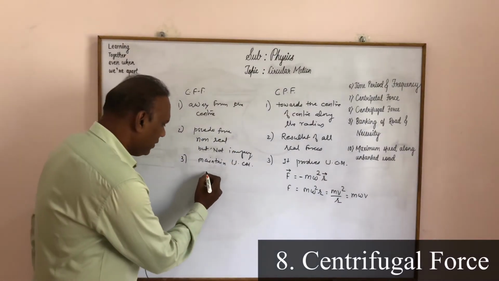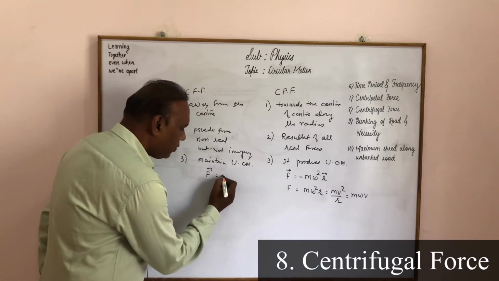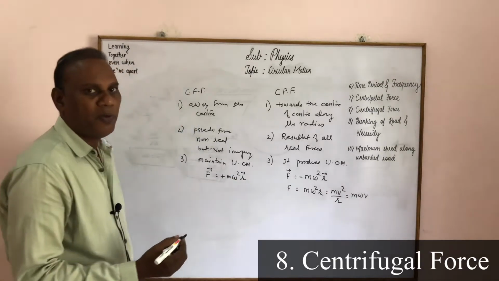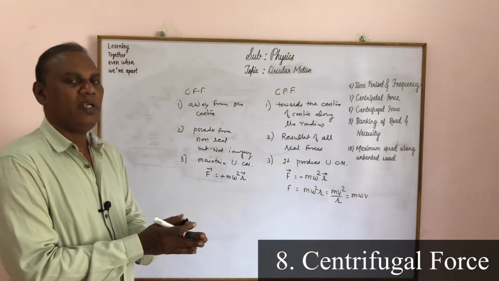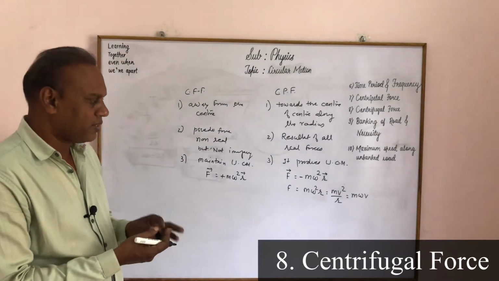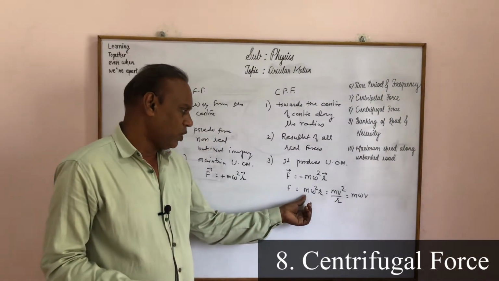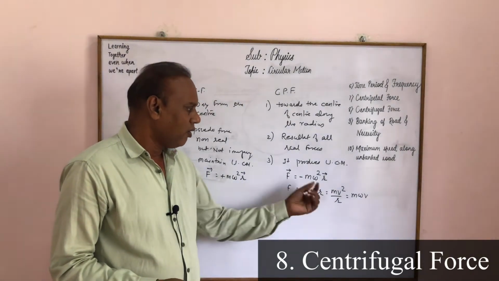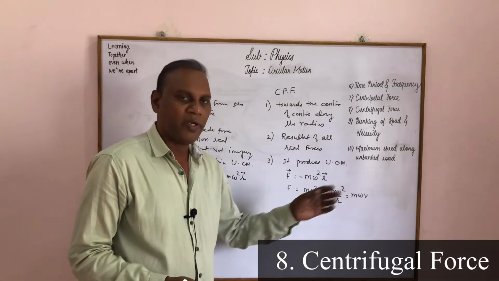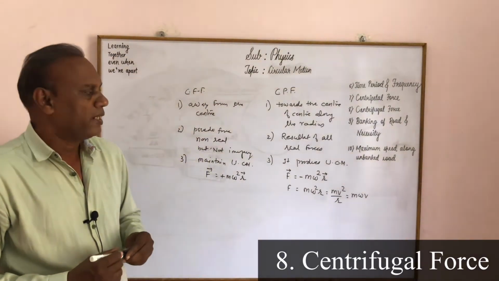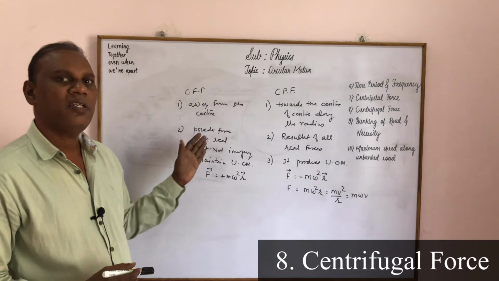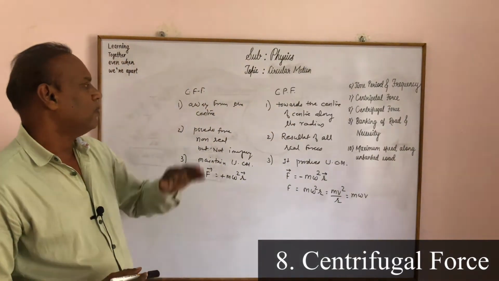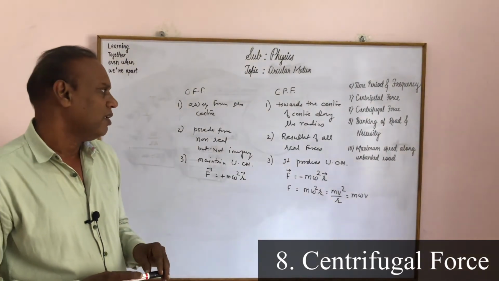In vector form, it is written as F equals m omega square r, and the magnitudes of centripetal and centrifugal force are the same, that is F equals m omega square r, or m v square by r, or m omega v. So the magnitudes of centripetal and centrifugal force are the same, and this is the difference between centripetal force and centrifugal force.